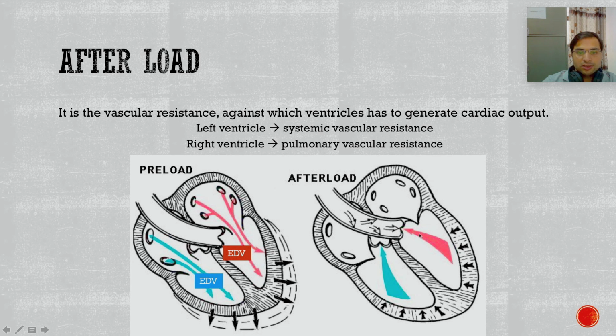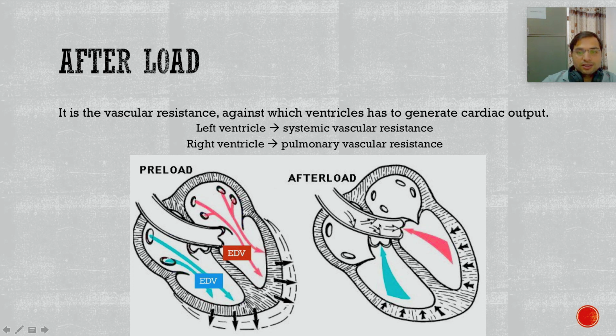So that resistance is vascular resistance. The vascular resistance of the aorta is systemic vascular resistance, and the vascular resistance of the pulmonary artery is pulmonary vascular resistance. So the left ventricle experiences systemic vascular resistance. It means that in order for the left ventricle to pump blood into the aorta, it has to overcome the systemic vascular resistance.